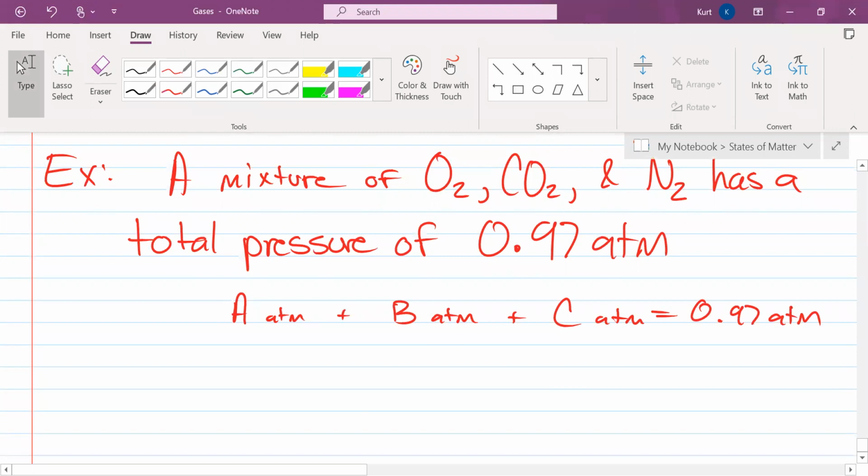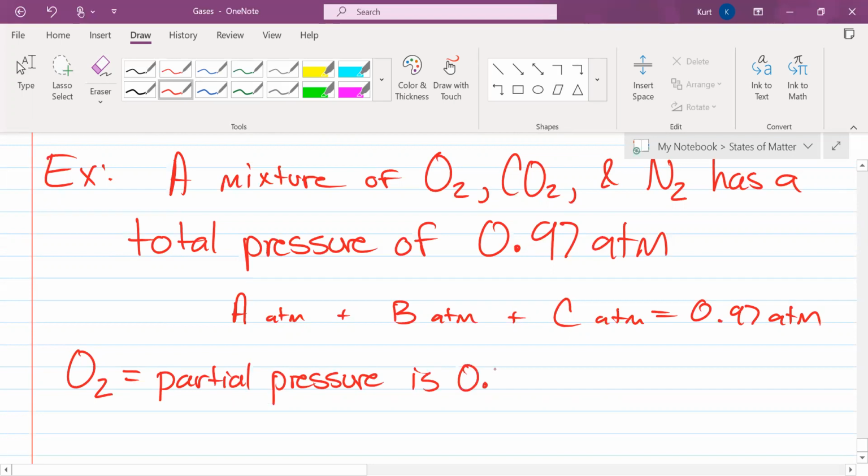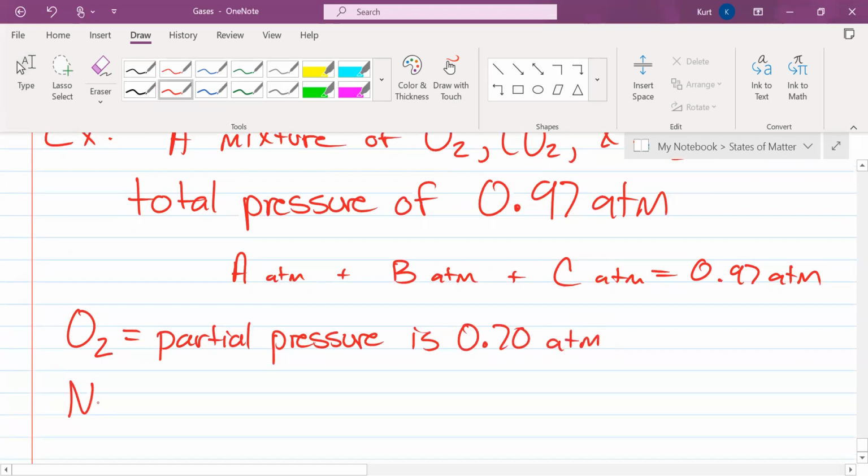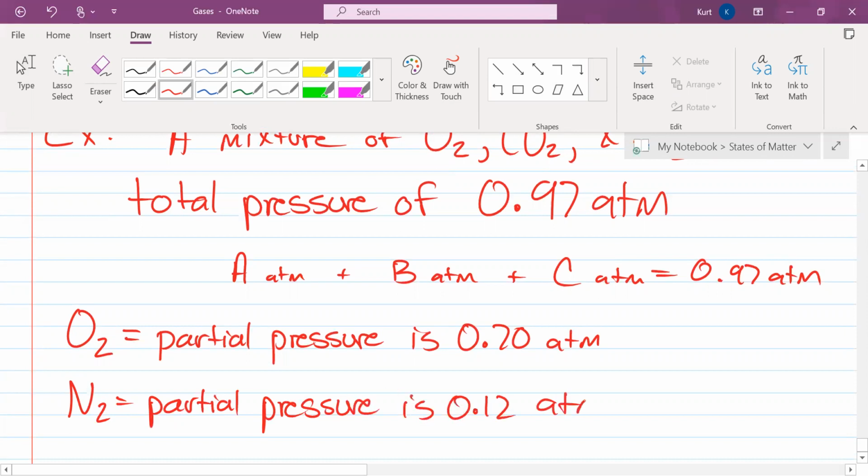Now, I'm not done yet. In this problem, oxygen's partial pressure is 0.70 atmosphere. Nitrogen's partial pressure is 0.12 atmosphere.